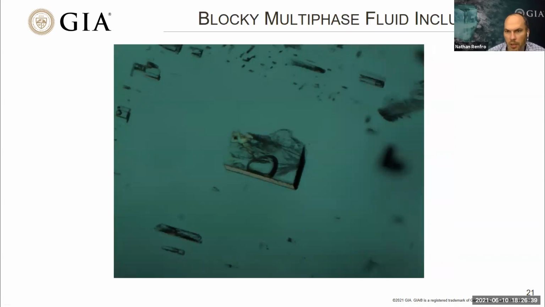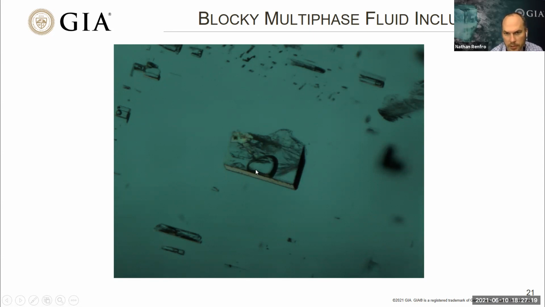In schist-hosted emeralds, you often tend to get what we call blocky fluid inclusions. These are primary fluid inclusions, which means that the fluids are trapped during growth. These little samples of the fluid present while the emerald's growing are trapped as a homogeneous fluid, but then as the emerald cools down, there's an unmixing that occurs, and you tend to get separation into the component parts, which typically produces daughter crystals like what you see here, these little lath-like, needle-like inclusions.